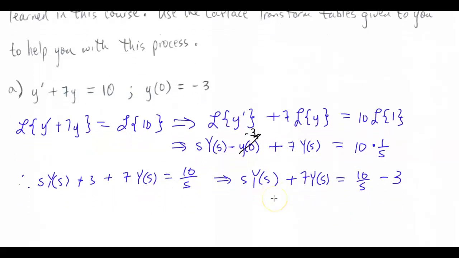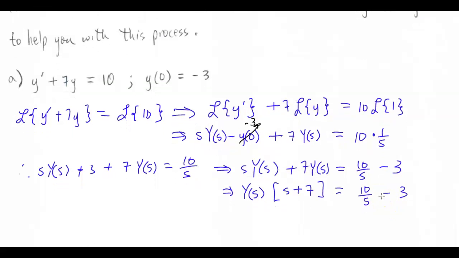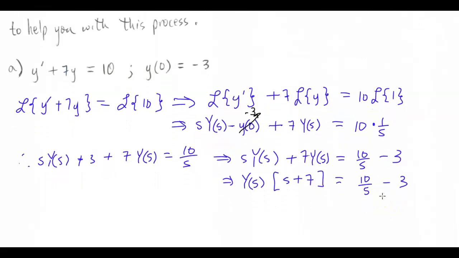So from there, if I factor out Y of s, then of course I'll have s plus 7 left. And then of course I have 10 over s minus 3 on the right side.